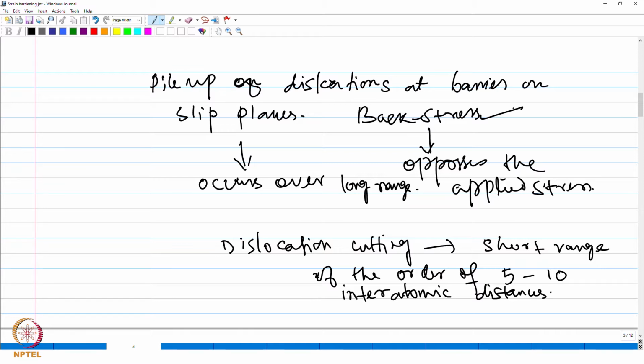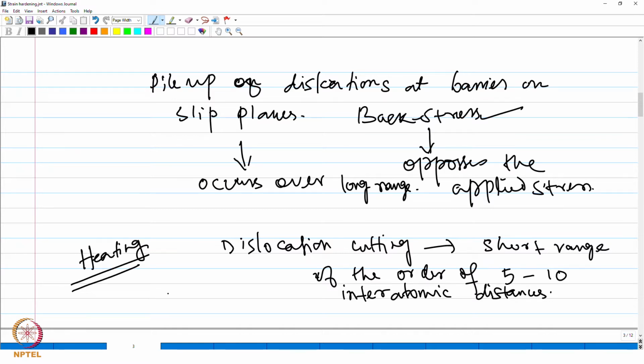And the other one is due to dislocation cutting mechanisms, which come up when dislocations move on the slip planes and interact with other dislocations moving on the slip plane. The hardening due to dislocation cutting occurs over short range, and hence the effect of cold working can be removed by thermal energy, that is, heating to some elevated temperature.